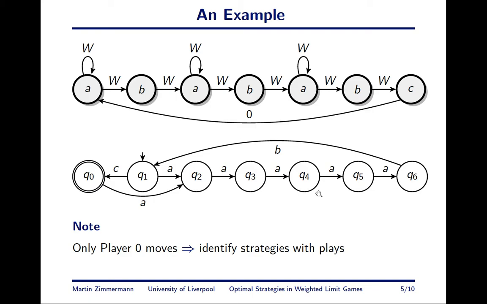Okay, so this is the interaction between the players. And this here is the automaton for the winning condition. Remember, you have to have infinitely many prefixes that are accepted by this automaton. So that means infinitely many prefixes have to reach this state Q0 here.